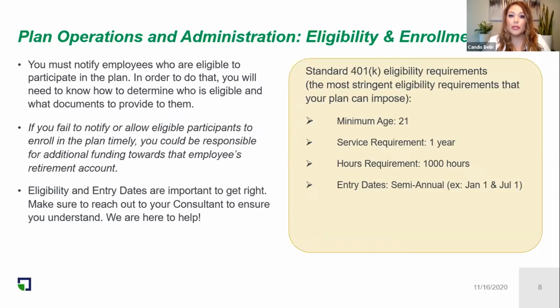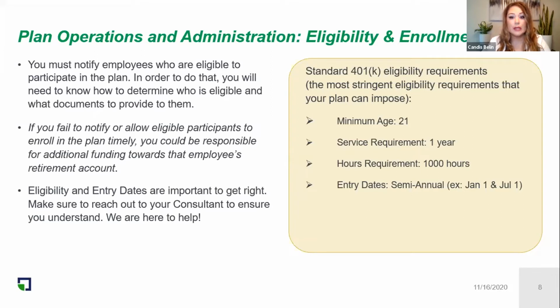As I mentioned in bullet point number 2, if you fail to notify or allow eligible participants to enroll, you could face some additional funding towards that employee's retirement account. So it's really important for you to understand your specific plan's eligibility, entry dates, and all of that. And we are here to help. Call us any time of the year and we will help you through that.